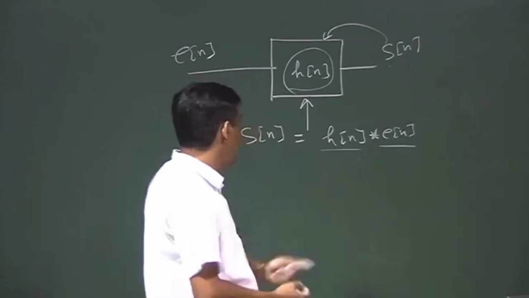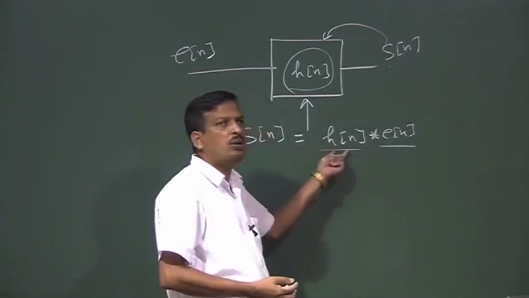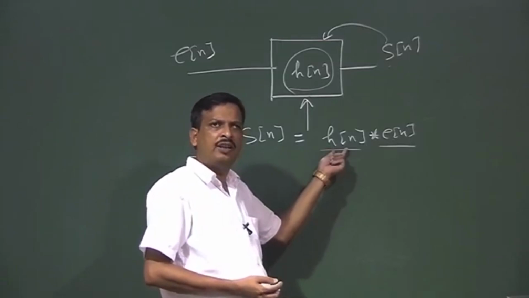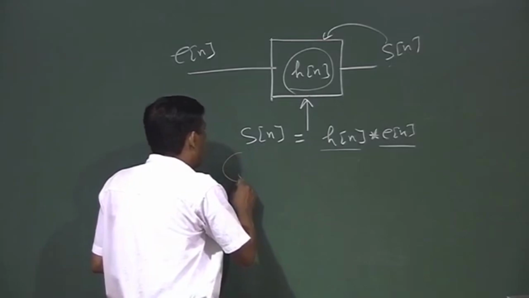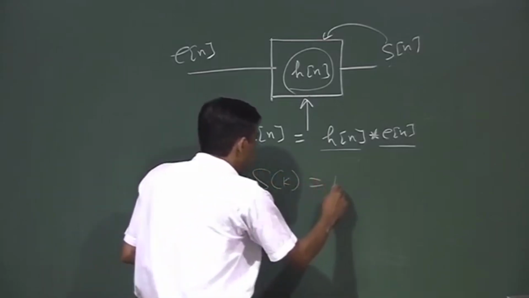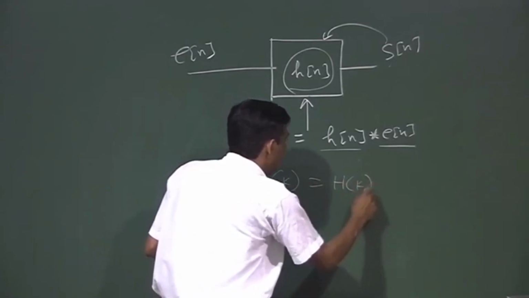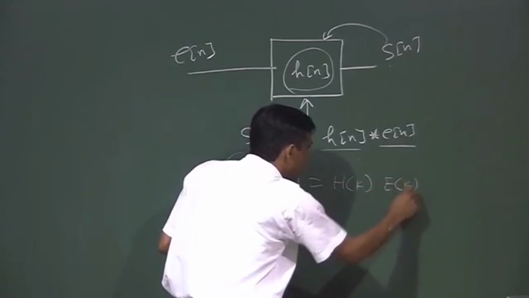I want to eliminate E(n). In the time domain it is a convolution. Now, if I take the frequency transform of this signal, S(k) is nothing but the multiplication of H(k) and E(k).